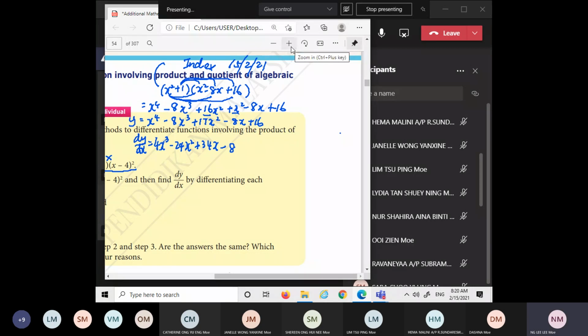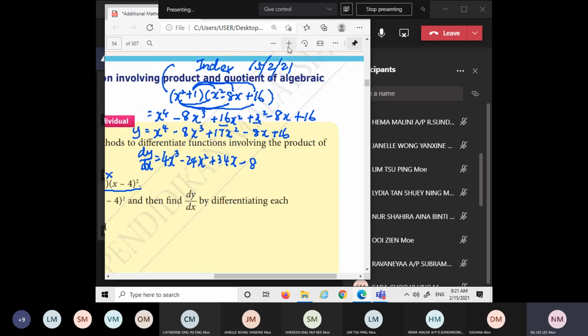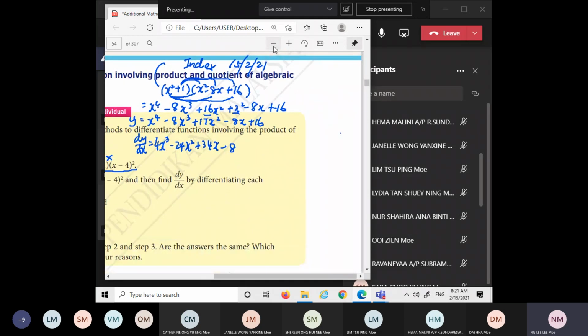How to enlarge this? Wait, Jenny, how do I enlarge back? This is not collections, this is zoom. Enlarge is plus, this is zoom. I want to see full screen.